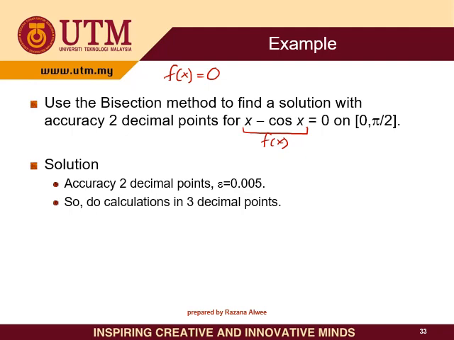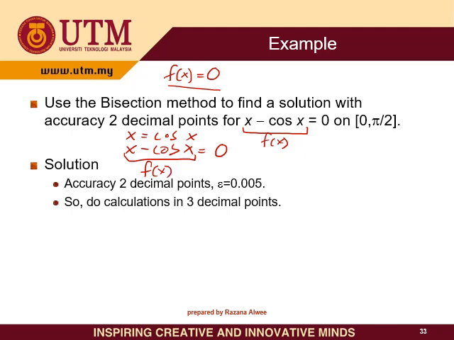Let's say the question gives you x equals cosine x. So how to find the f(x)? We need to convert it into this type, equal to 0. So x minus cosine x equals 0. So this will be your f(x). Why do we need to determine our f(x) here?